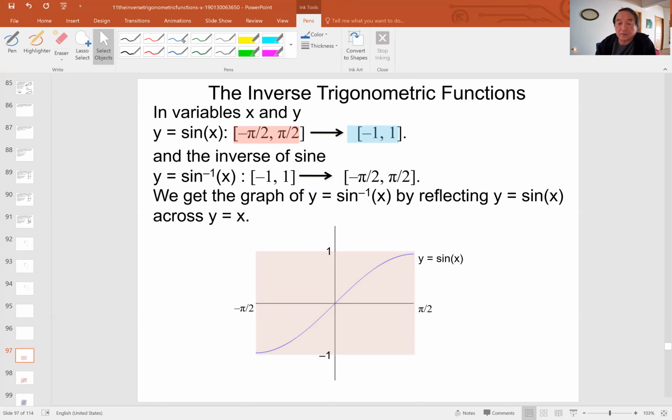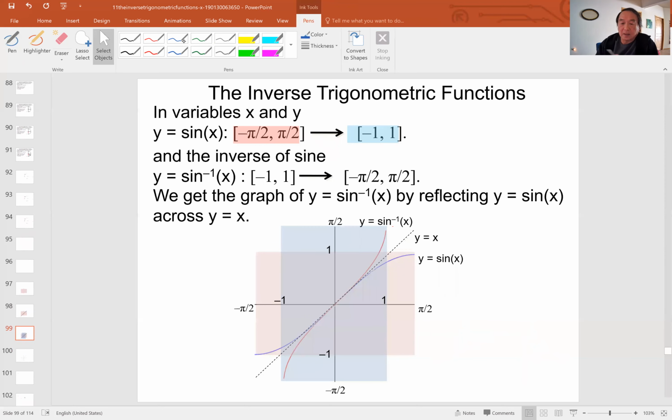So I can take the inverse function, whose domain will now be -1 to 1 and whose range is -π/2 to π/2. It's the rectangle flipped over, a reflection across y equals x.